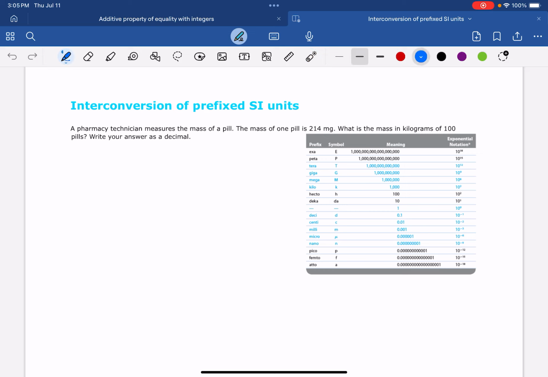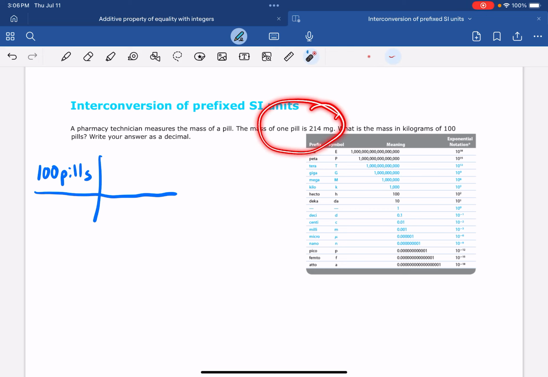So first things first, we have 100 pills, right? So we're going to write 100 pills in our table, or dimensional analysis, or factor label method, whatever you want to call that. And we know that each individual pill is 214 milligrams.